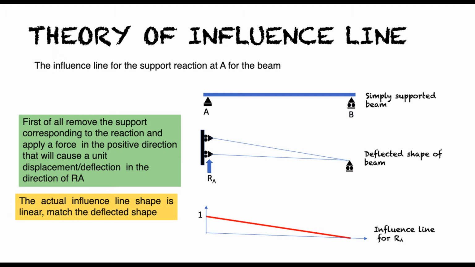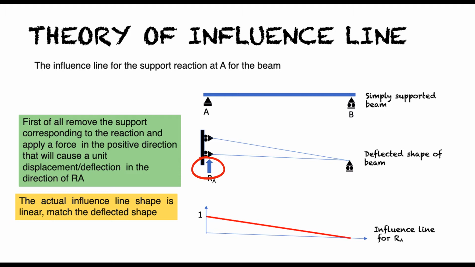Well, for the reaction, let's say reaction at A, the influence line can be obtained by assuming one unit weight applied at support A, that is 1 unit, pushed up at reaction A, and we got the deflection as shown in the second diagram.